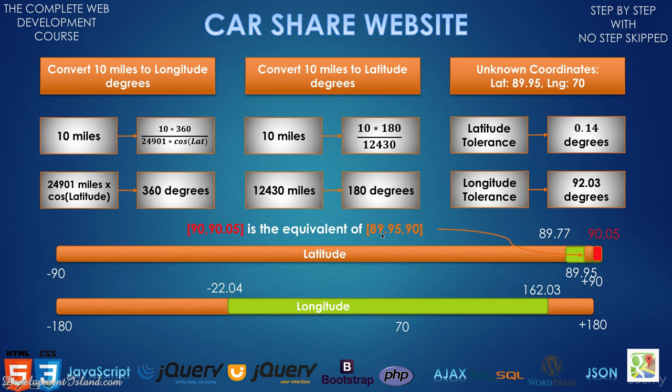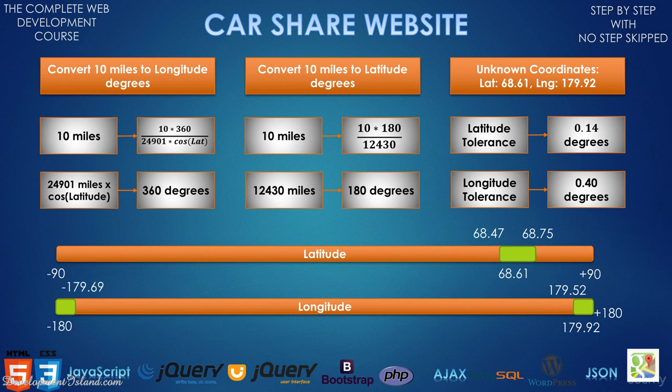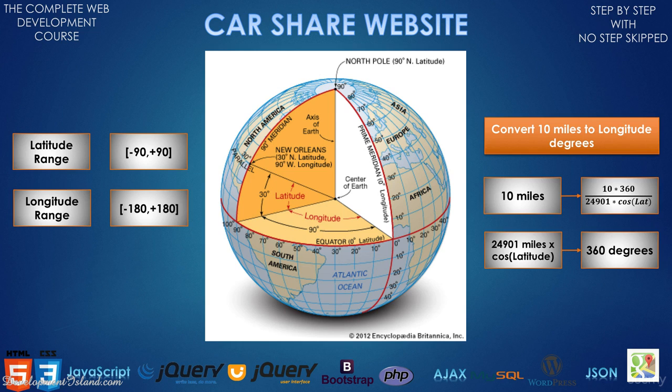What does it mean? Well, let's go back to our figure. So if you start from this point and you travel for 0.05 to get to a latitude of 90.05, so let's say that this is 90.05. It's not exactly that, but it's just for clarity. So 90.05 will be right there.